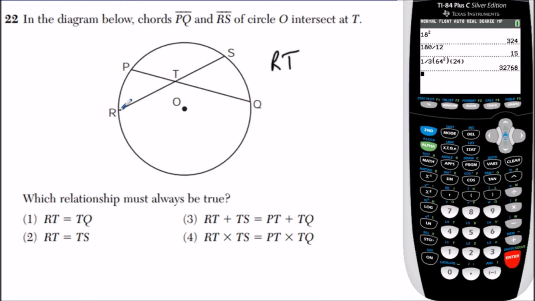So we have RT times TS is equal to the product of the other two segments formed, PT times TQ. So this is just a theorem that you need to know, that the product of the segments formed are congruent, and that matches what we have here at choice 4.